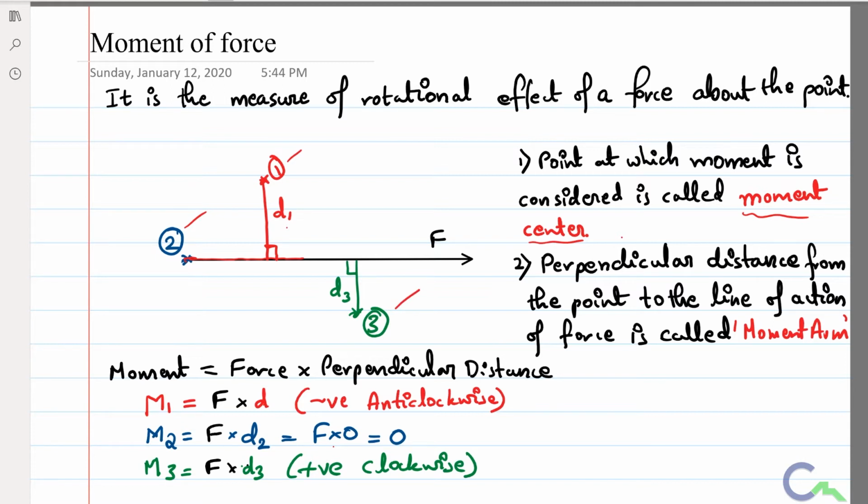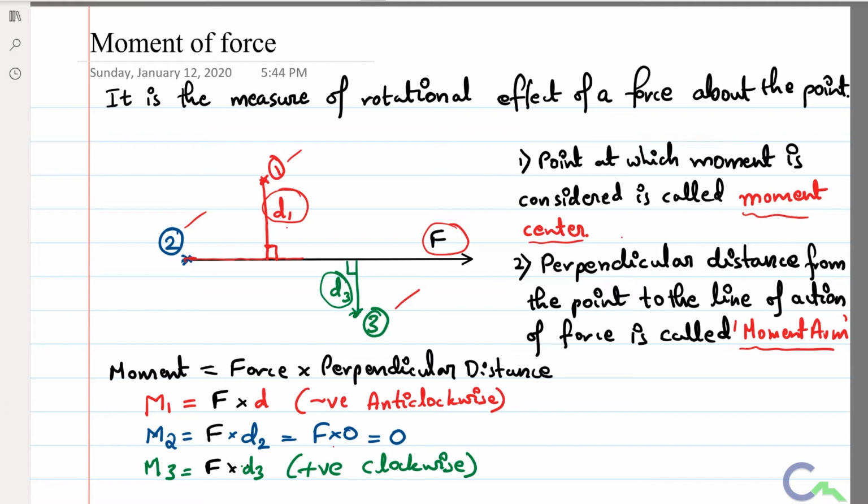Then I considered one force, that is F. For moment center 1, it is at a distance of d1, that is the perpendicular distance. For moment center 2, there is no perpendicular distance because the force is acting through that point. So moment arm is nothing but perpendicular distance, but in this case there is none. If I consider the third point, the moment arm is d3.